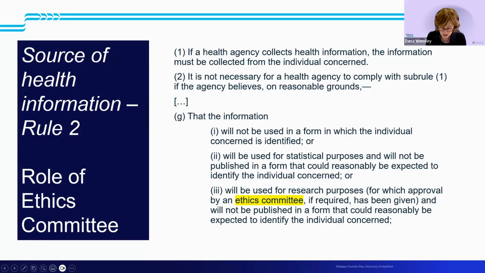Professor Peter Skegg, in a paper on the Health Information Privacy Code published in 1996, Human Rights Law and Practice, which is still applicable today, gives examples of where an ethics committee may be justified in approving such a collection.